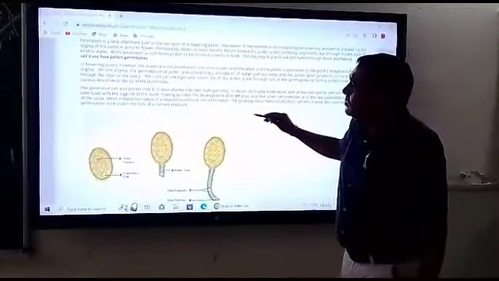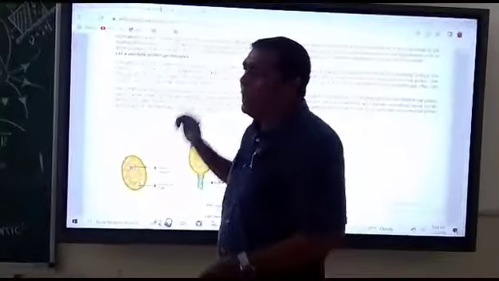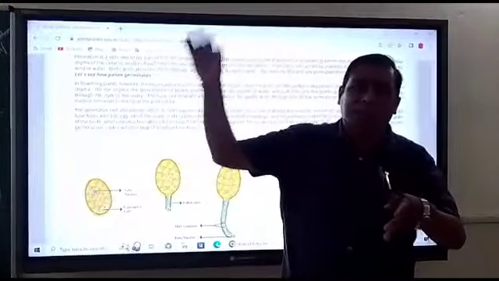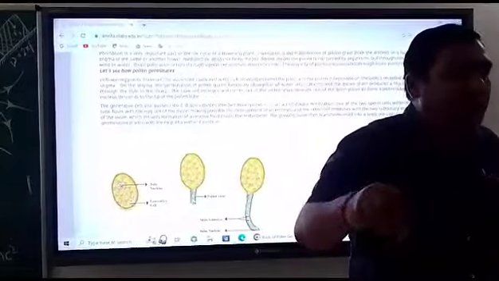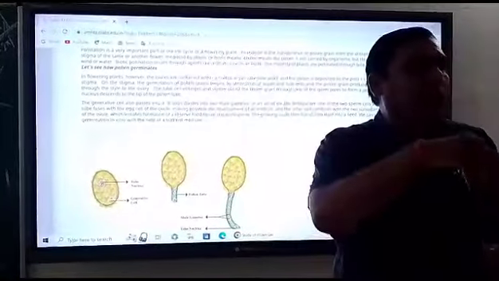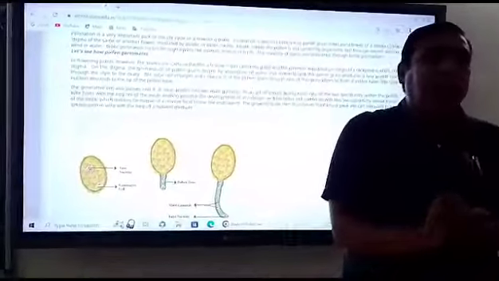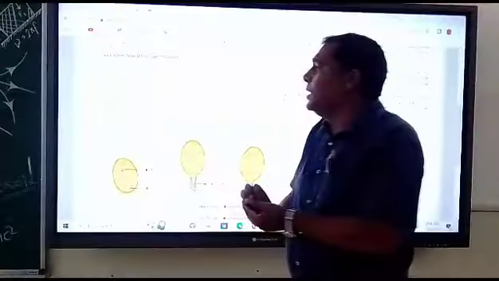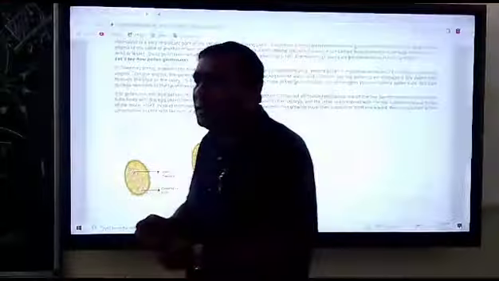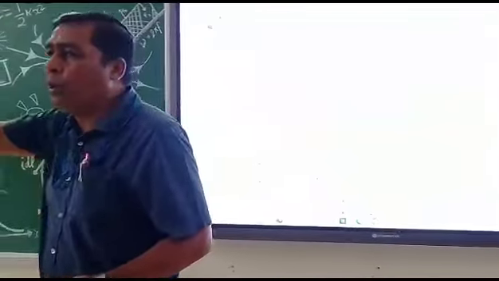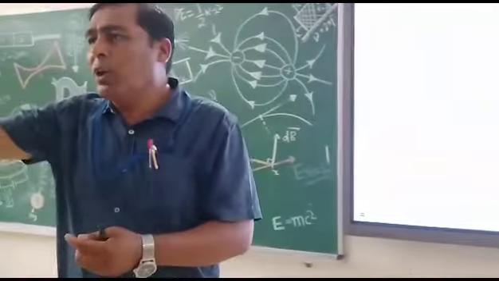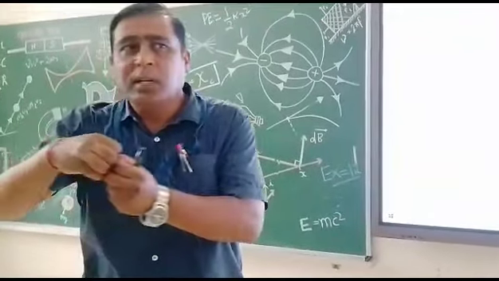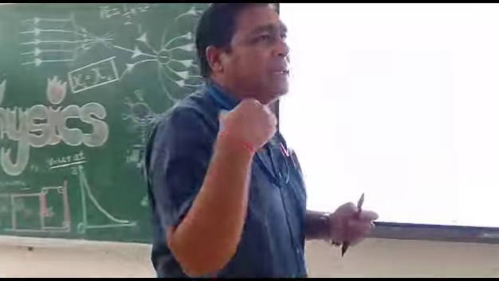Now, germination. When the pollen grain is transferred, the pollen falls over the stigma. The stigma then identifies it. It was given in your NCERT book, you are just not remembering: when the pollen grain falls on the stigma, there will be pollen-pistil interaction.